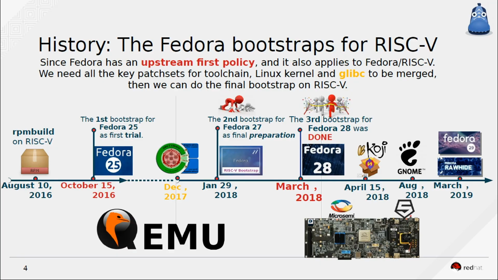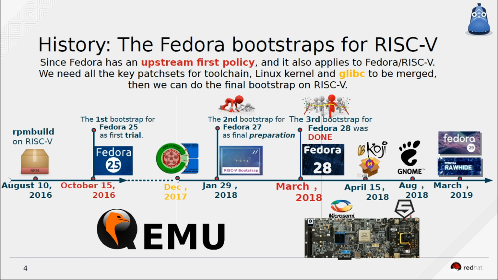So we need all the key patch sets to be upstream, like the Linux kernel, toolchain, and glibc. So we were waiting for all these things until 2018. The last piece, the glibc patch set, was merged in December 2017.